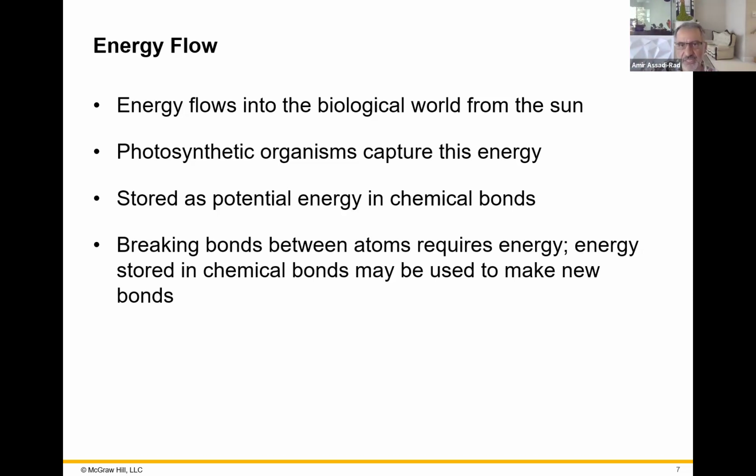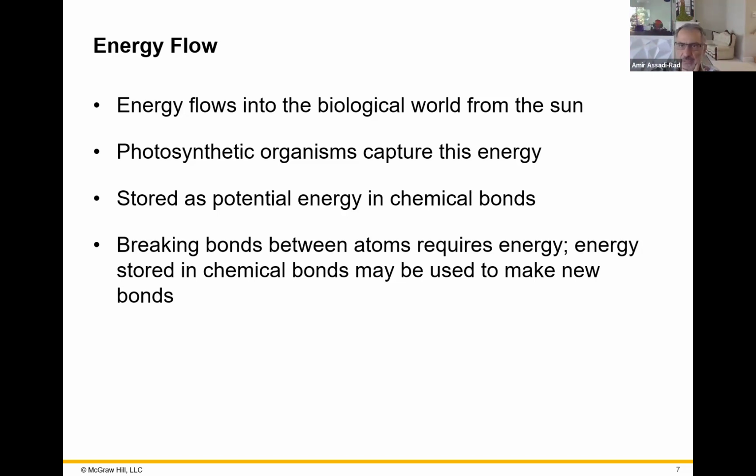Stored as potential energy in chemical bonds. Yes, we will talk about that. Breaking the bonds in biology: anytime you break a bond, you release energy. Anytime you build a bond, you're making these two come together, you need energy, just like climbing up the slide.